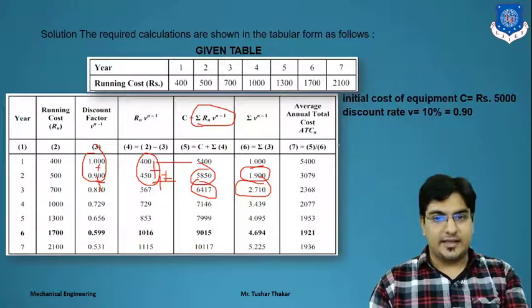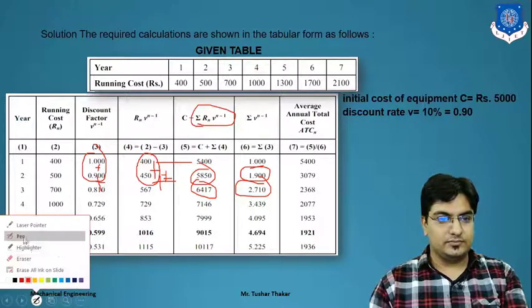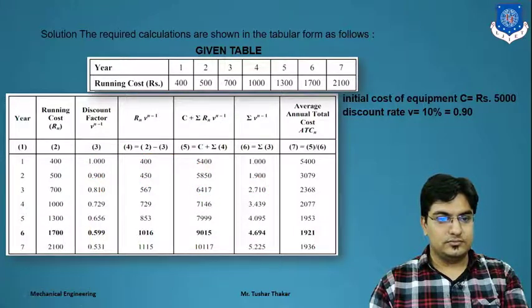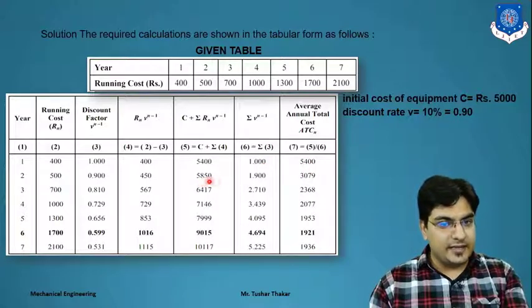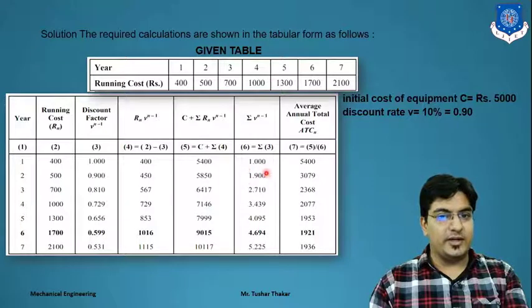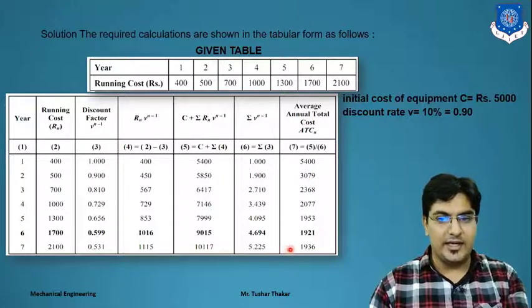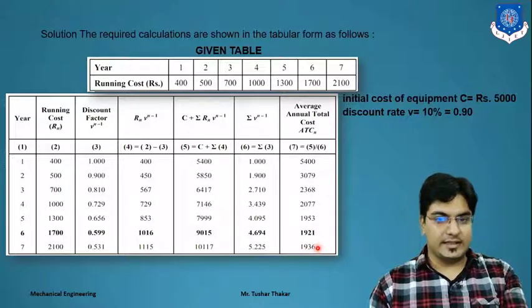So 5400 divided by 1 is 5400. 5850 rupees divided by 1.9 gives 3079. According to that, at the end of the 7th year we find 1936 rupees.